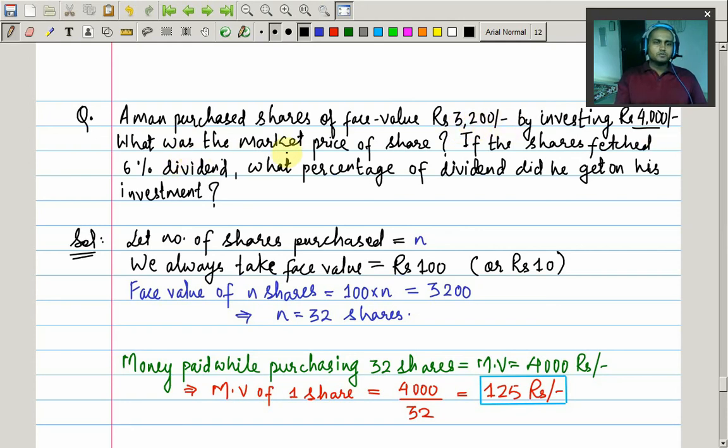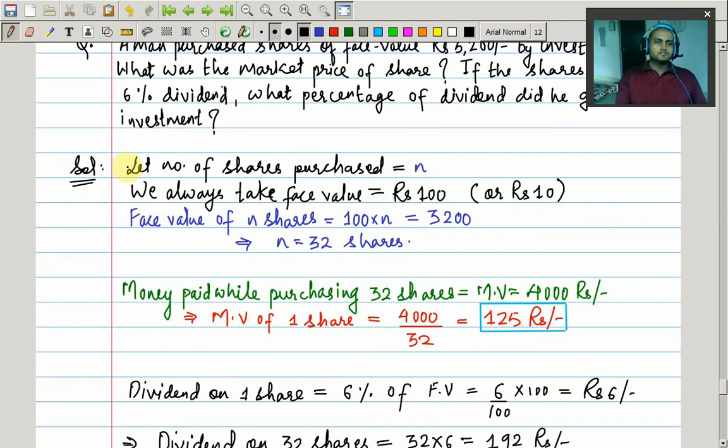What was the market price of a share? If the shares fetched 6% dividend, what percentage of dividend will he get on his investment? So let's go through the solution.